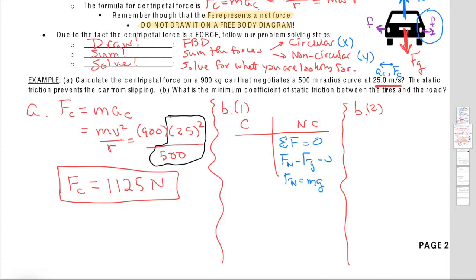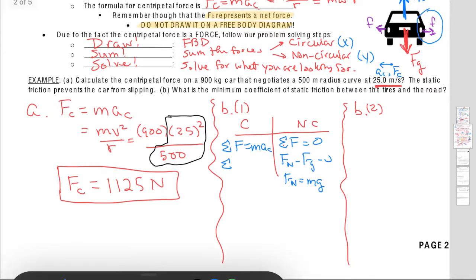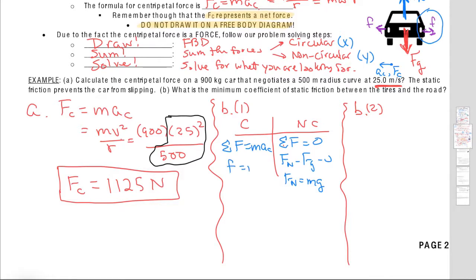Now when I go over to my circular side, the sum of my forces is going to equal m a_c. Let me get rid of that sum because we can just start plugging in. The sum of my forces is friction, equal to m a_c. But remember, friction is mu F_n, so mu F_n equals m a_c.